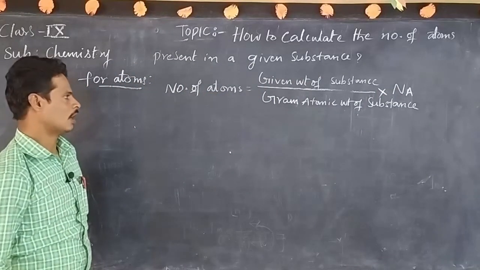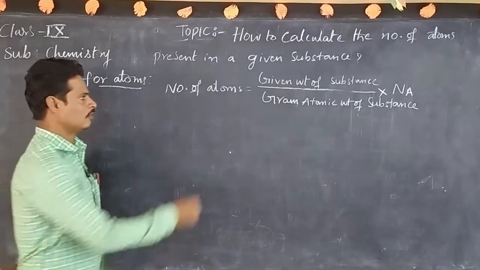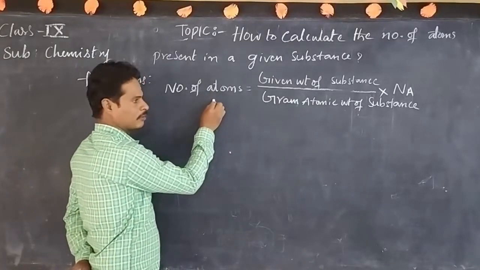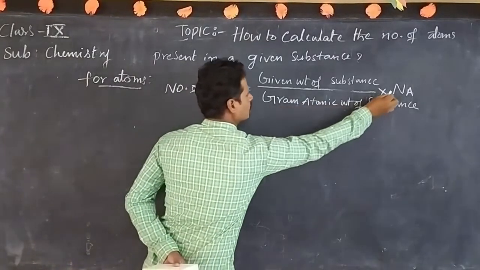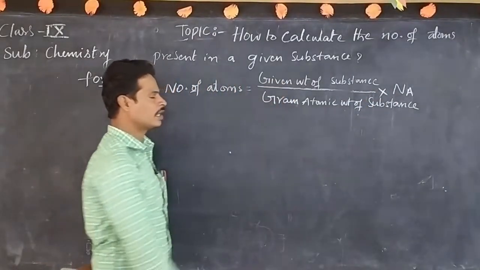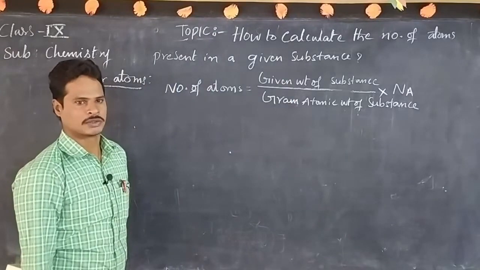Next, second formula, how we can modify the first formula. We know the number of atoms, gram atomic weight of substance and Avogadro number. We should calculate the given weight of substance.